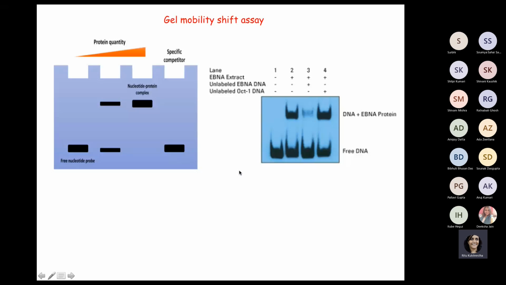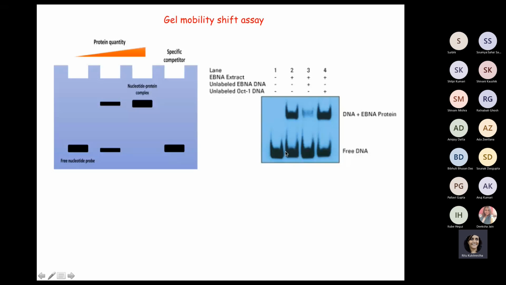So in this example, this is the real gel, and the earlier one was just a cartoon. This is, I think, some figure again taken from Google, just to tell you. So this is, I think, some Epstein-Barr virus DNA or whatever. This is the DNA, and they wanted to check its binding with the EBNA protein.